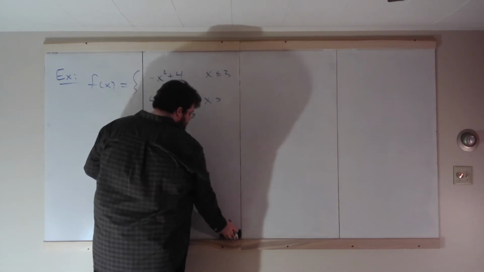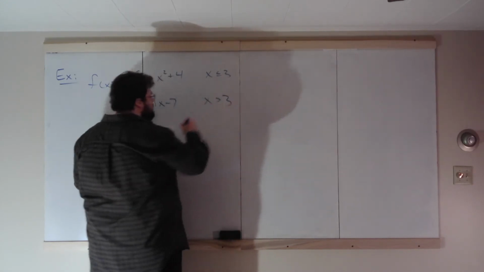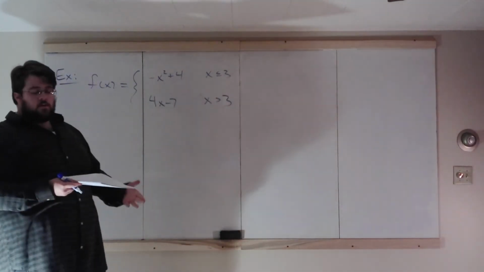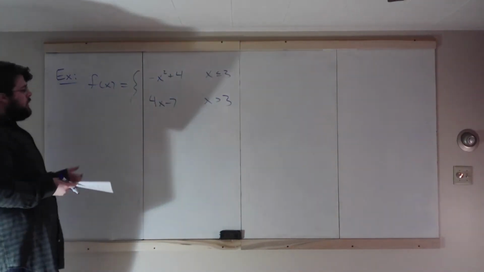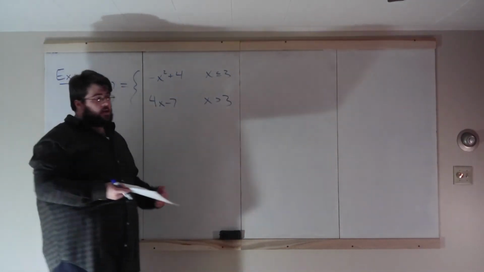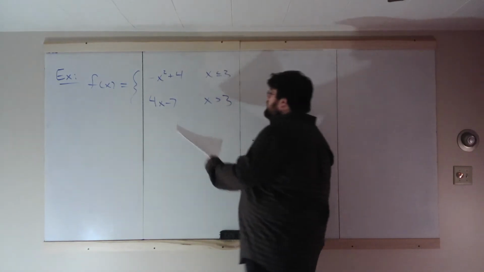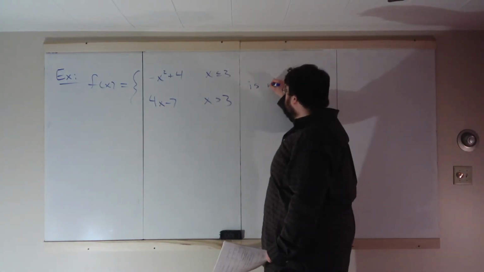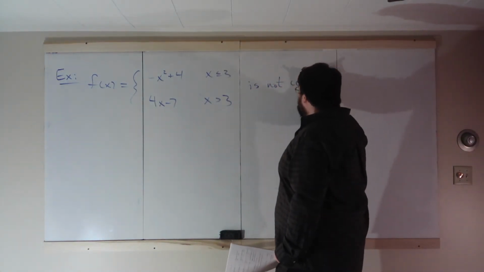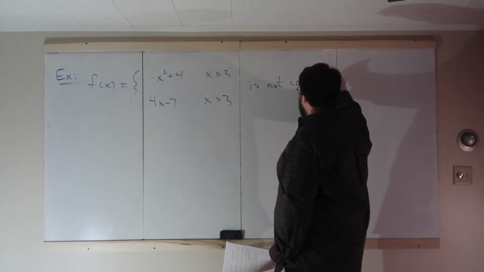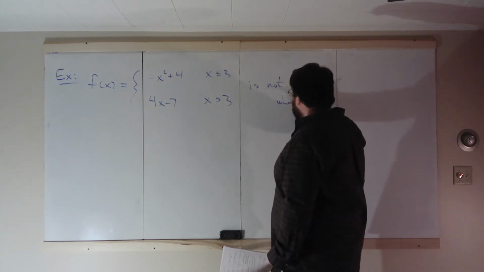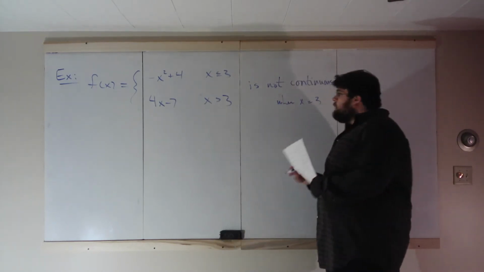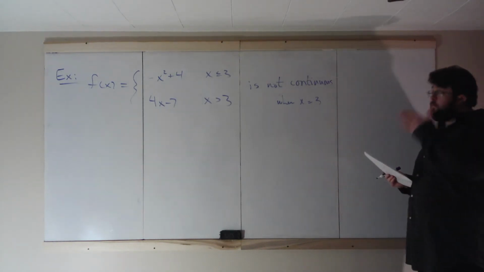In that list of functions which are continuous on their domains, piecewise functions were not included because piecewise functions aren't necessarily continuous. So right here, we're going to show that this is not continuous at x equals 3.